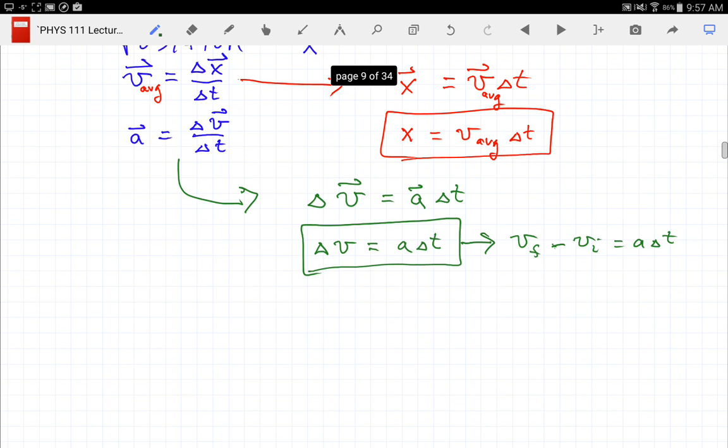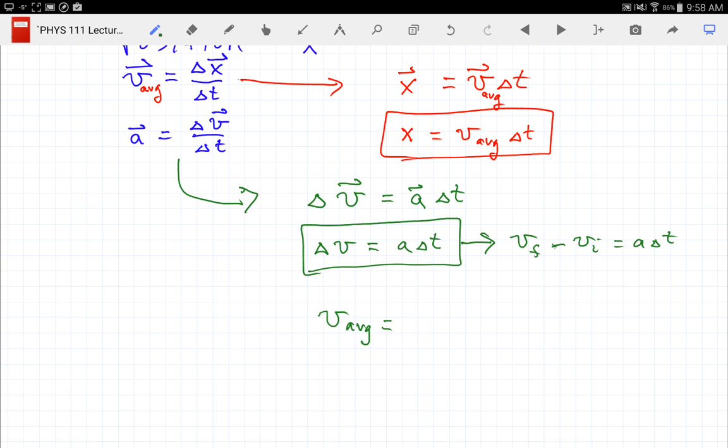And I could say, what is the average velocity? How does average relate to V final and V initial? How do I find the average between two numbers? Add them up, divide by 2.